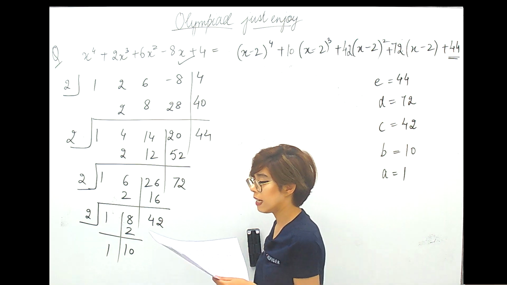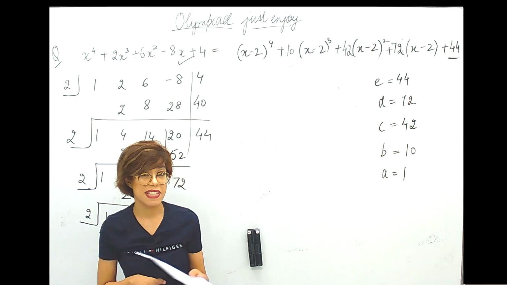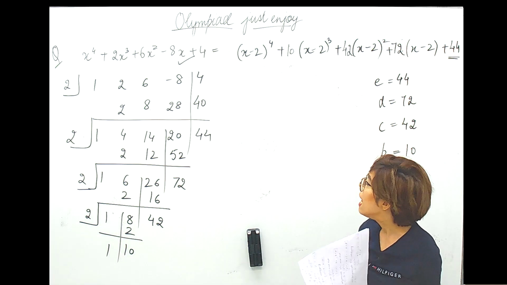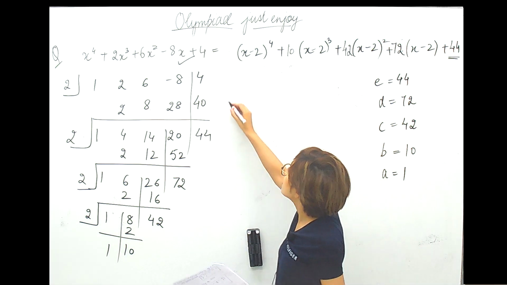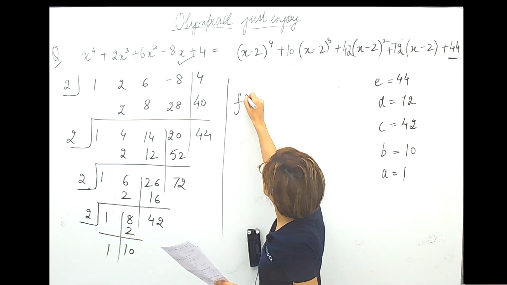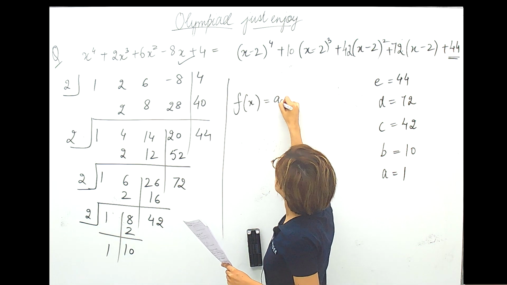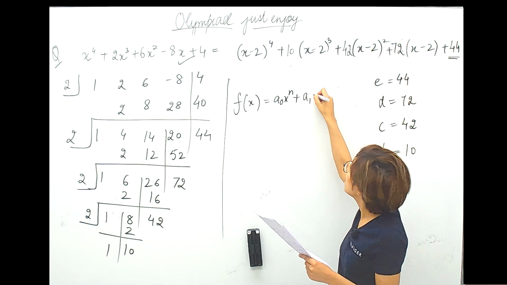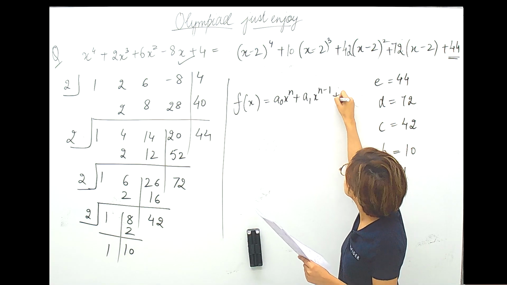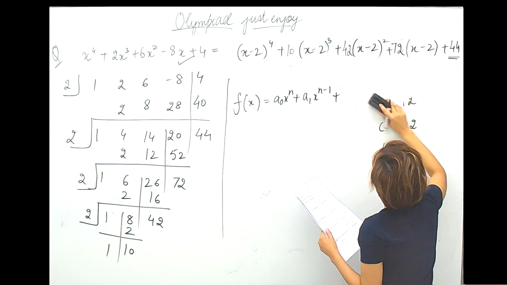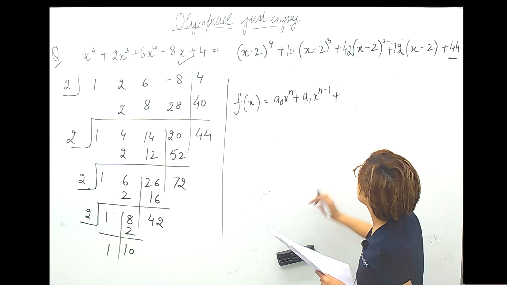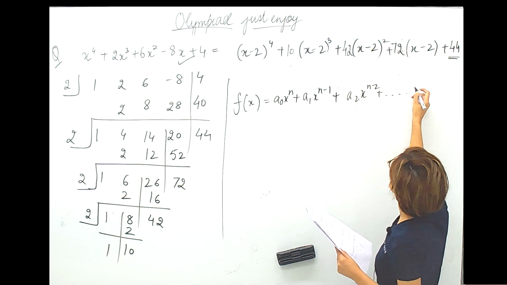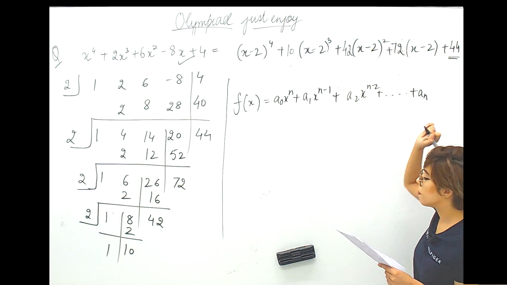Alright, great. Write down the next one. Next one is very interesting now. Write down, let f of x equal to a naught x raised by n plus a1 x raised by n minus 1 plus a2 x raised by n minus 2 plus so on till plus an.